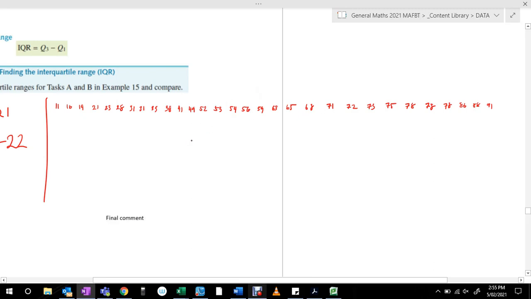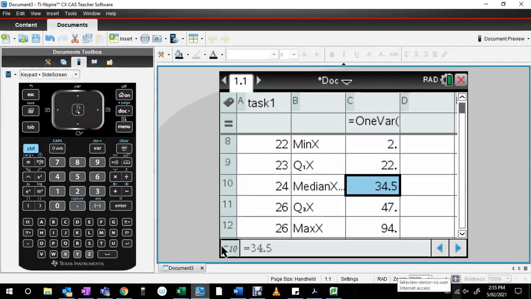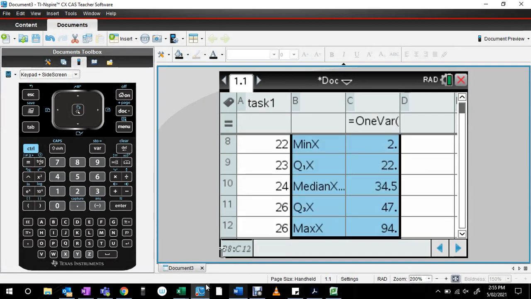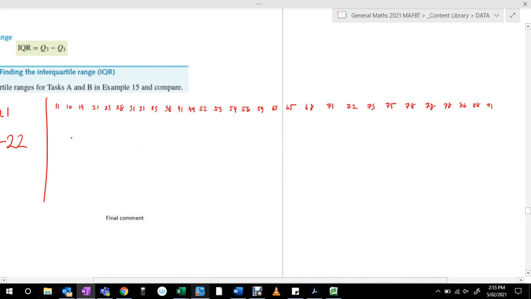What you're wanting to do here is on your CAS, remember I talked about the 5-number summary? You're going to do the same for this data. So you need to have the minimum, the Q1, the median, the Q3, and the maximum. So right here, I want you to write minimum, Q1, median, Q3, max.